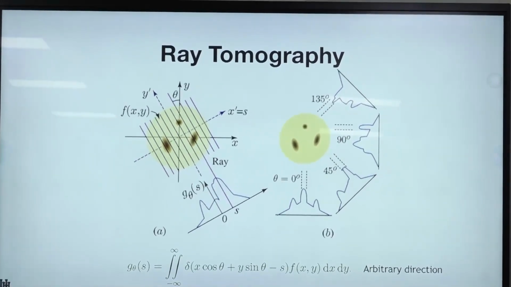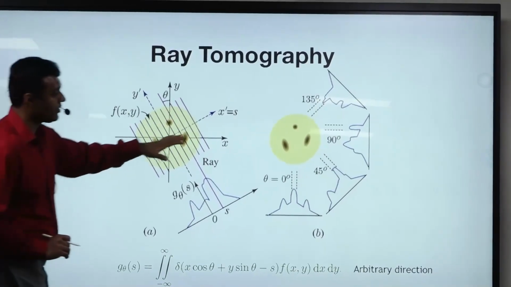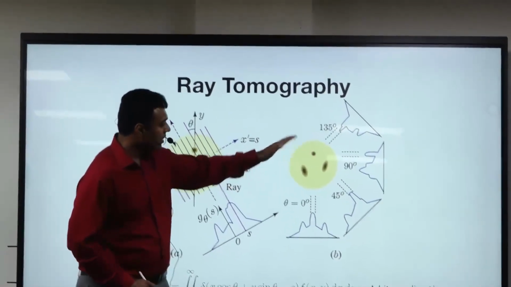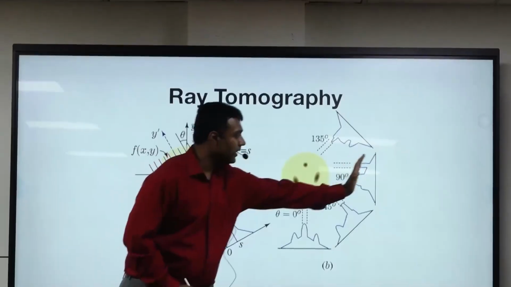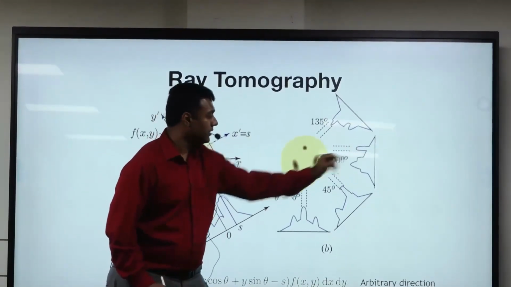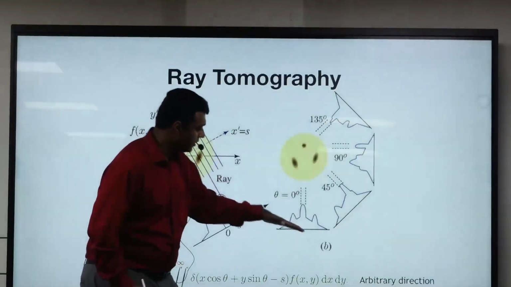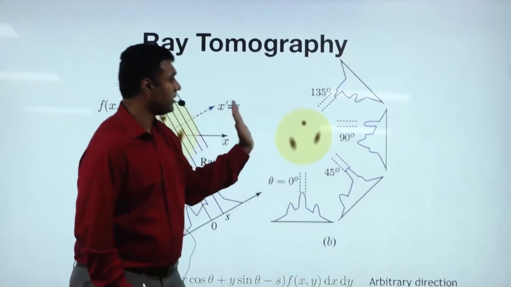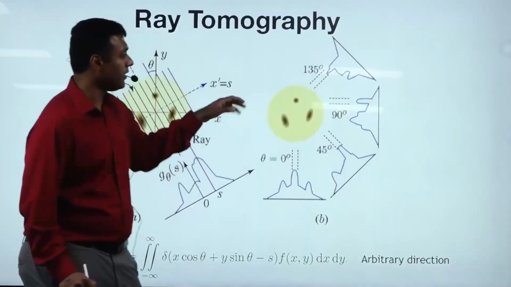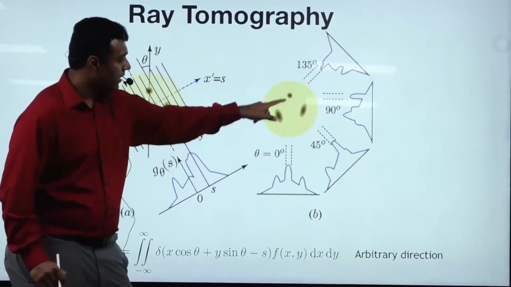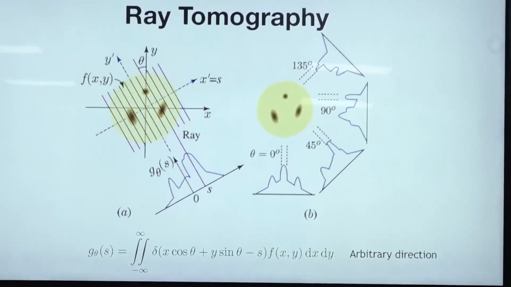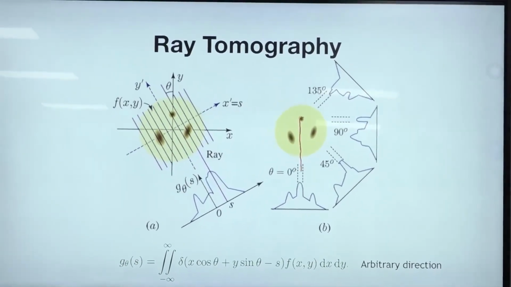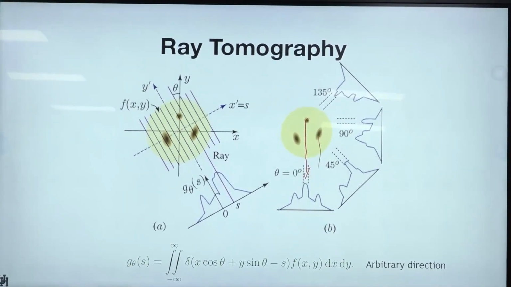So here is an example of these kinds of projections. You can project it along the x-axis, and here you can project it along this dimension, this y-axis here, project it along 45, 135, and so on. For example, here there is one dot which gives the big peak here.